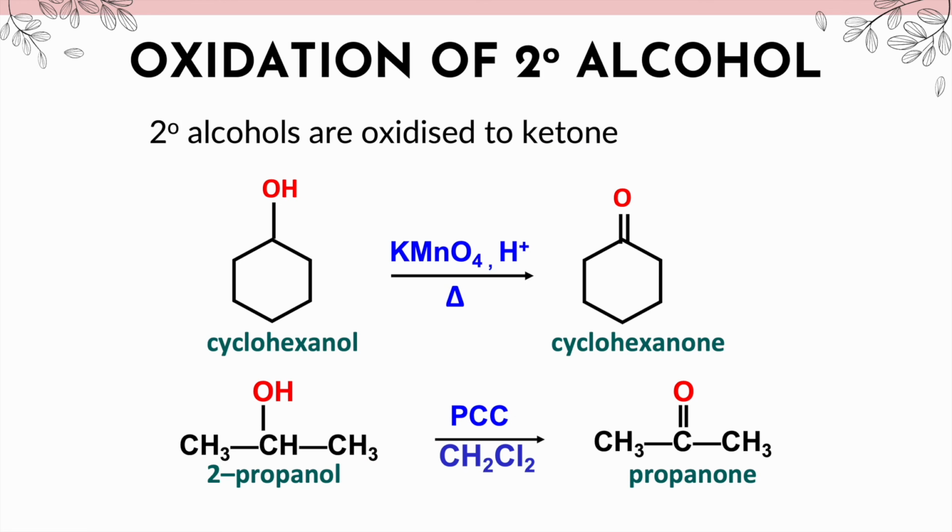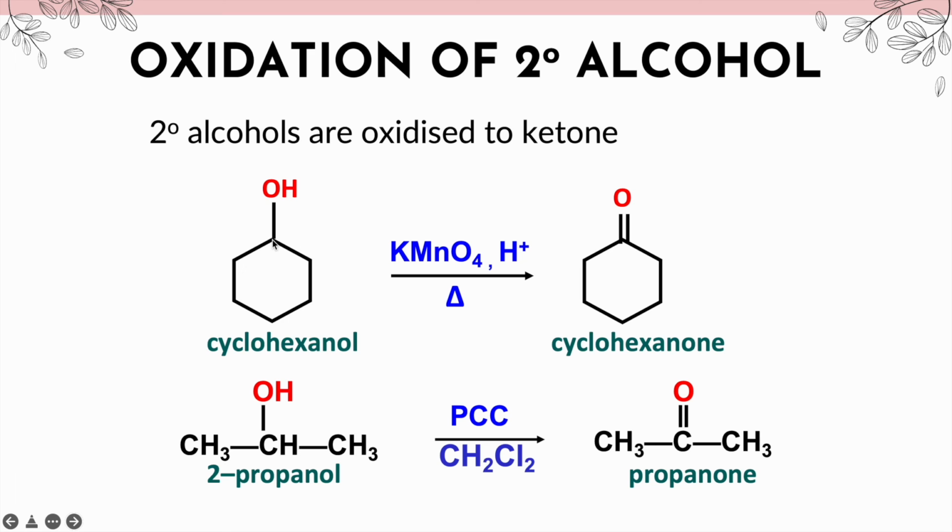Oxidation of secondary alcohol. For secondary alcohol, if you use strong or you use mild, both will form ketone. It doesn't matter. It cannot form carboxylic acid because this is a secondary carbon.